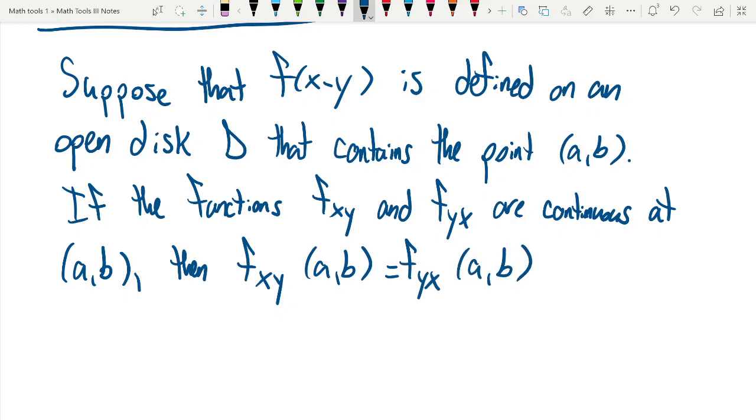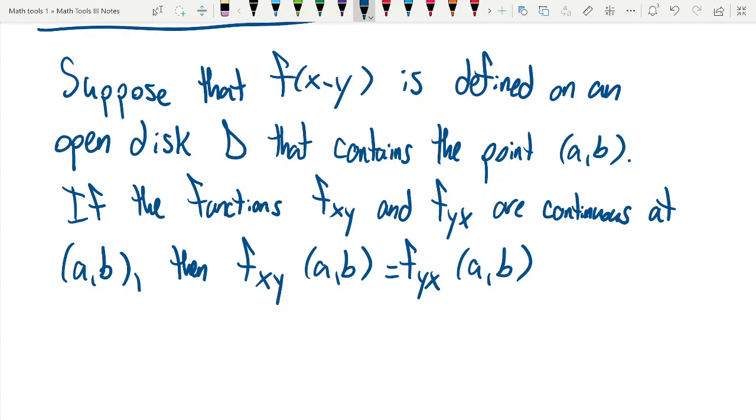In other words, the second order derivative at that point, it doesn't matter which order we differentiated. Whether we did x first or y first, the mixed partial derivatives at that point will be the same. If we want to extend this from just a point into a general function, if the function is continuous at all points on that open disk, then the mixed partial derivatives will be the same at all points on that disk.